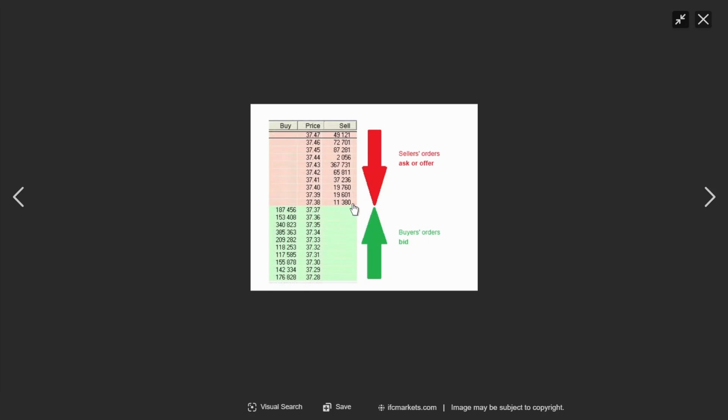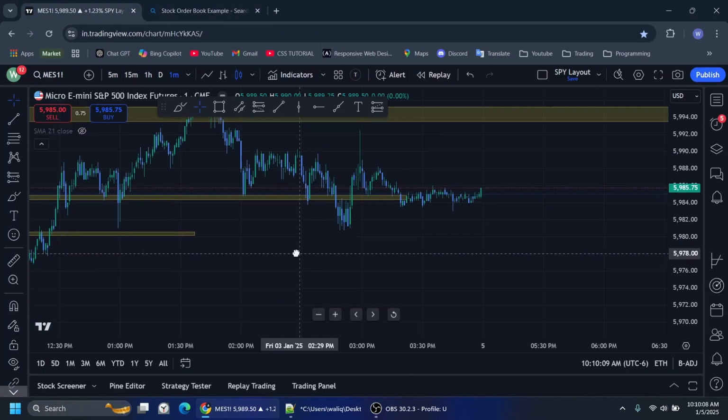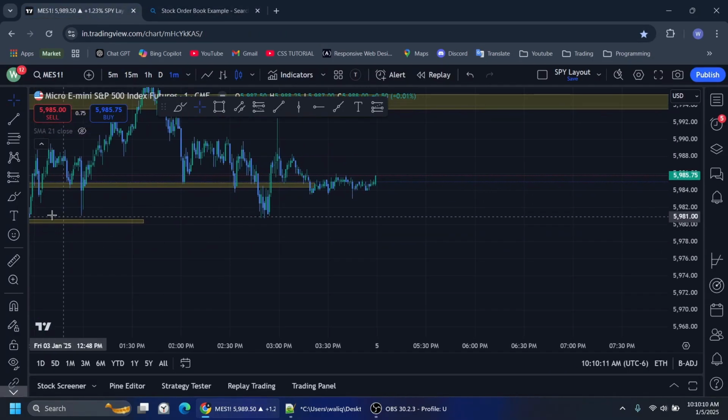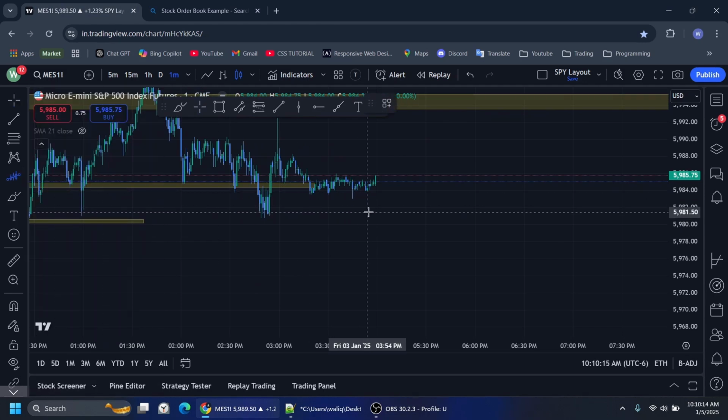But what I'm trying to tell you is that at each level there are limited sell orders, or limited buy orders, right? So what's going to happen if these big institution traders place, for example, a sell order? They want to sell a stock.